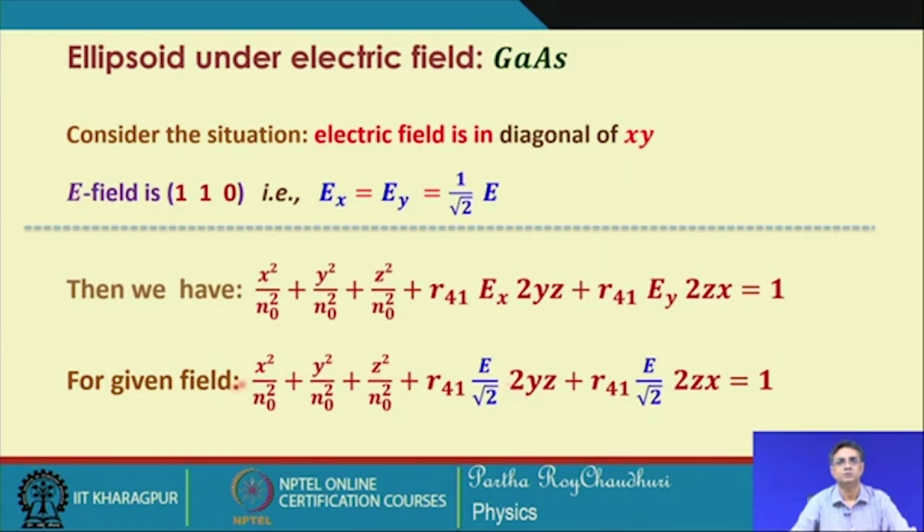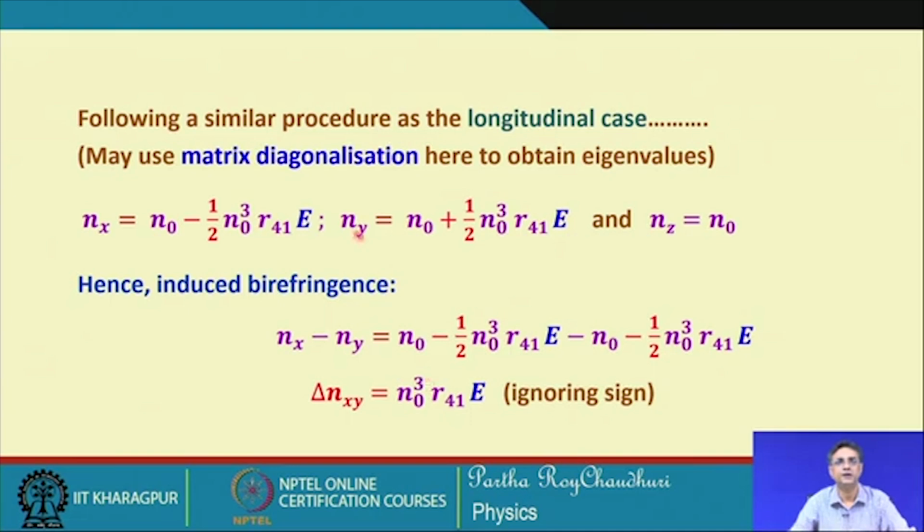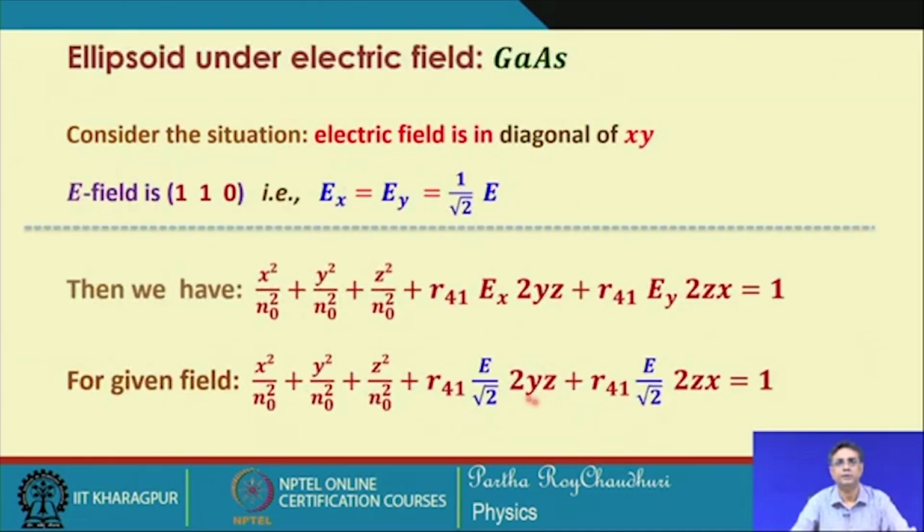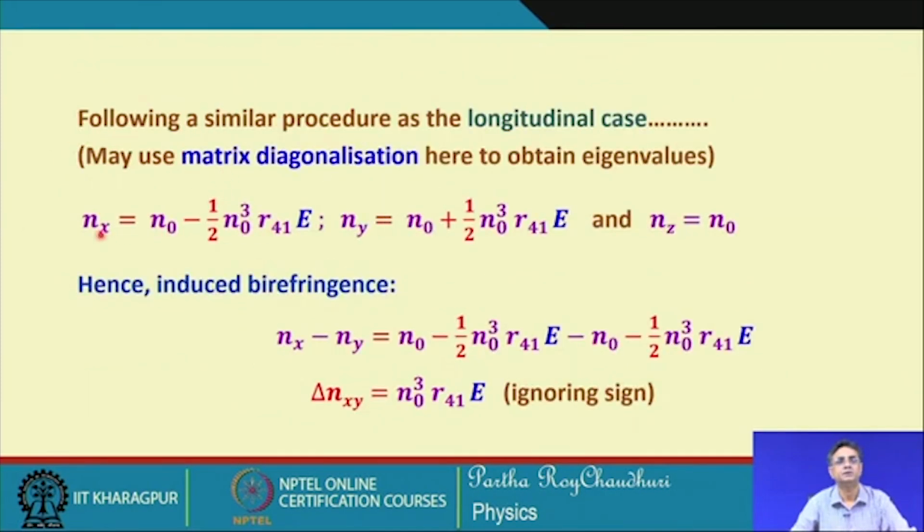Now, we will use this matrix diagonalization method to find out the new principal axis system. So, we will not do that algebra, but you can, because we have done it several times. If you just find the eigenvalues of this matrix equation, then you can see that n x will be equal to this, half of n 0 r 41.